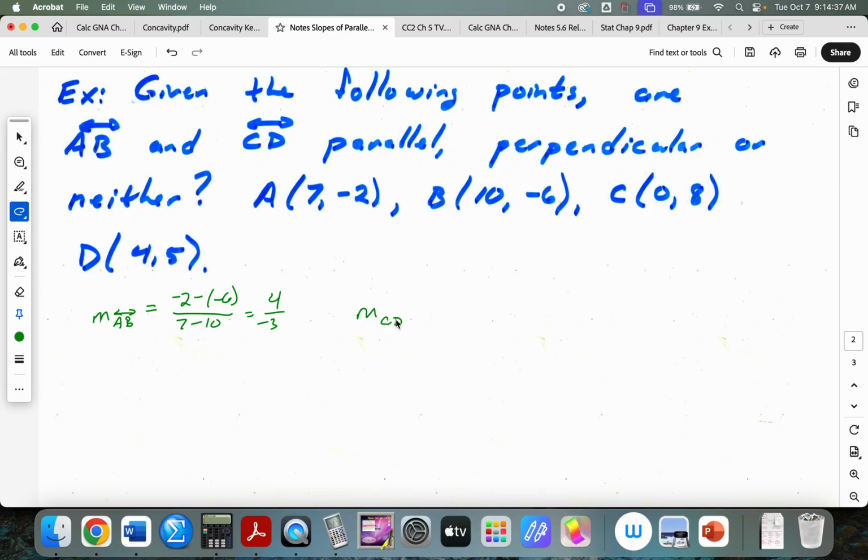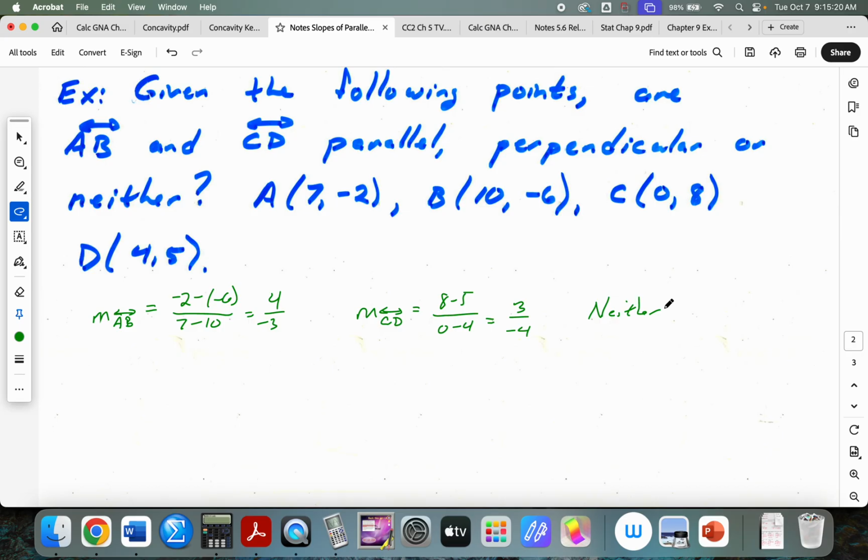If you just find slopes, I'm going to be like, I don't know what you're doing. So label them clearly as to what slope is which in some way or another. So I'm going to do -2 minus -6 over 7 minus 10. That would be 4 over -3. The slope for CD is going to be 8 minus 5 over 0 minus 4. That's 3 over -4. So are they parallel, perpendicular, or neither? Parallel. They are neither. To be parallel, they have to be the same, and they're not. And to be perpendicular, they have to be opposite signs and reciprocals, and they're not.